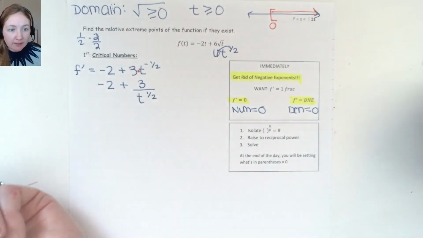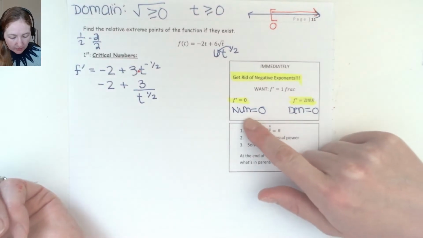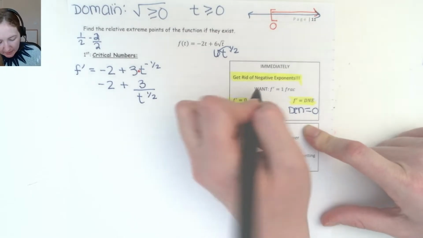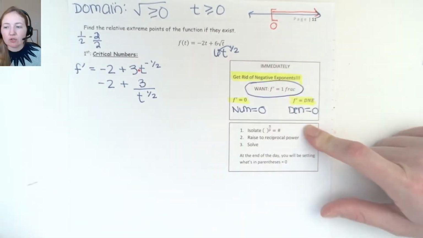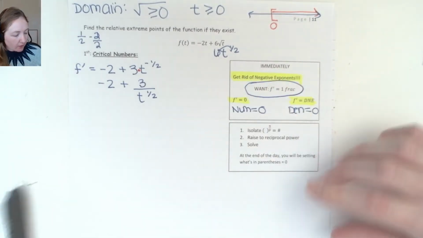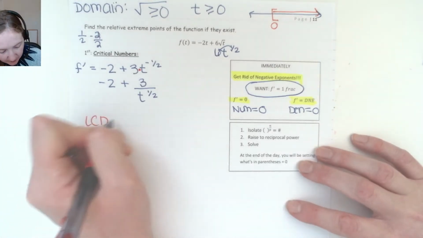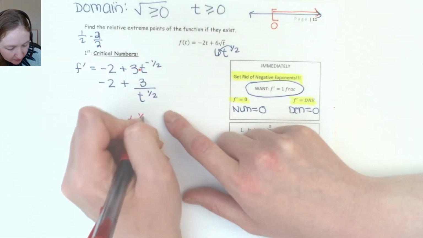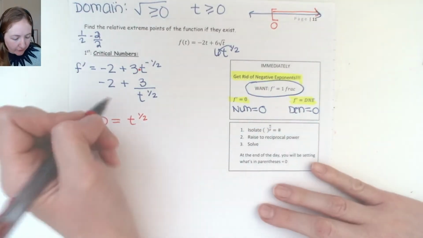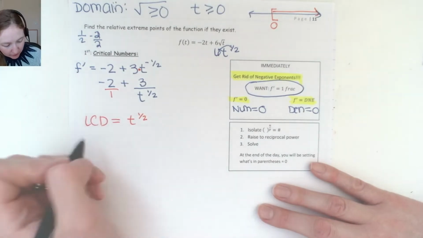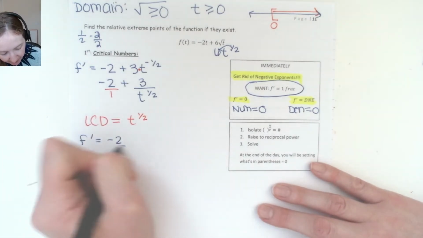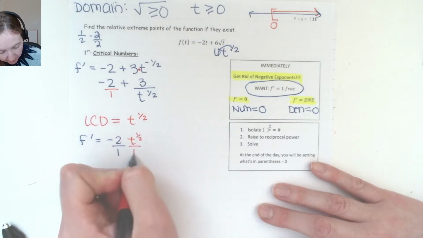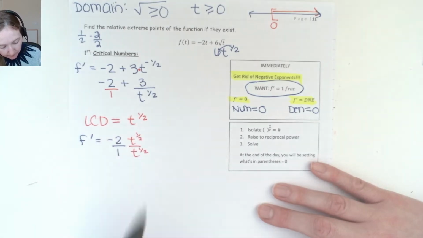Now, ultimately, my goal is to set numerator equal to 0 and denominator equal to 0. So a lot of times we're going to need to get one fraction. And the way we get one fraction is by getting an LCD. So here my LCD is going to be t to the 1/2. So my derivative, this -2/1 term, will need to multiply by t to the 1/2 over t to the 1/2.